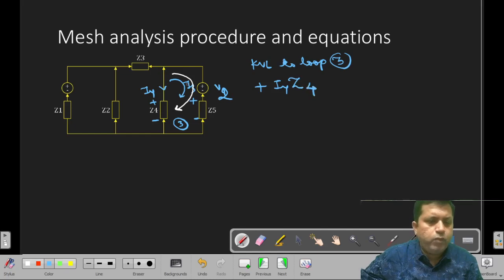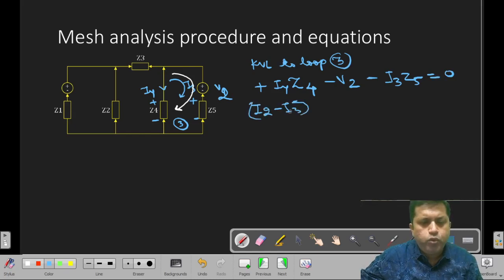Okay, so it is going from minus to plus, that is plus Iy into Z4. Okay, then plus to minus V2, that is minus V2, then plus to minus, that is minus I3 into Z5 equal to 0. So what is Iy? I2 minus I3 into Z4 minus V2 minus I3 Z5 equal to 0.